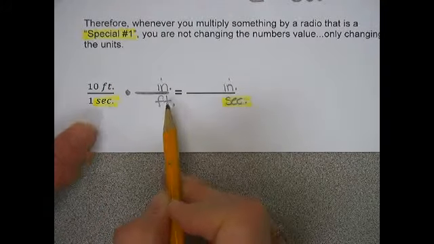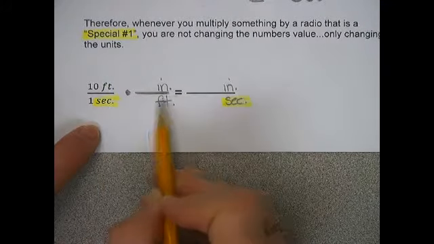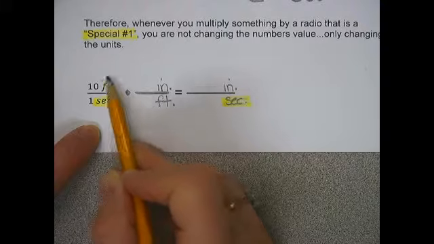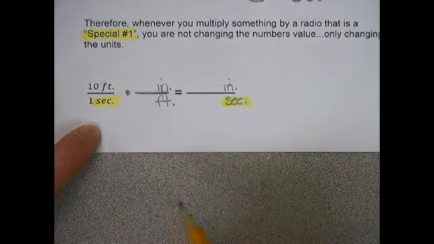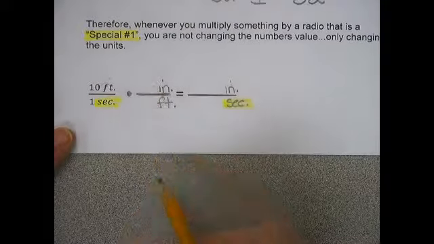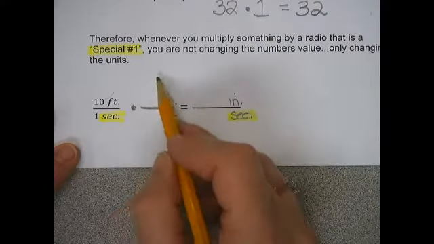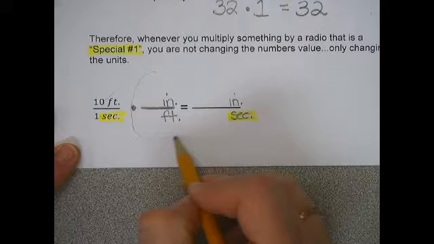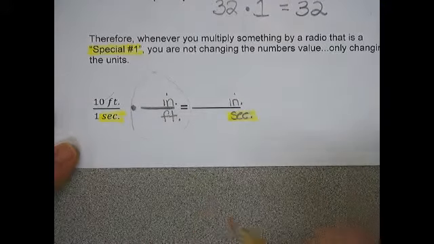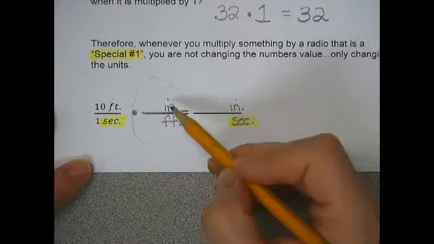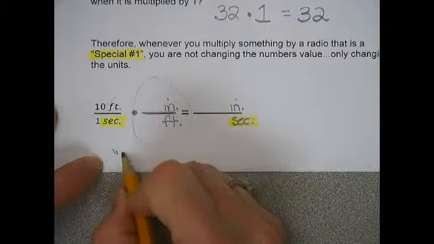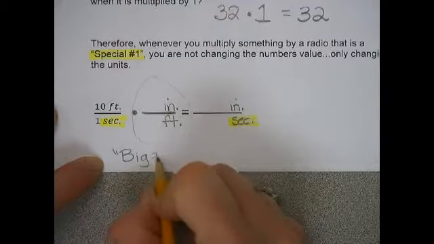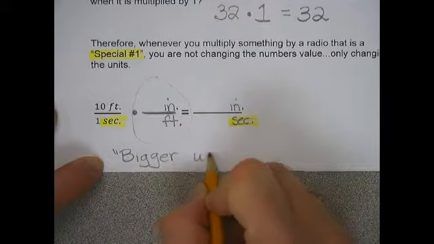Do you see that if I multiply by a fraction that has inches on top and feet on the bottom, the unit of feet can cross-reduce? It's going to eventually cross out, and our final answer will just be in inches per second. So that's the first step, to set up in this fraction where you want your units to be.